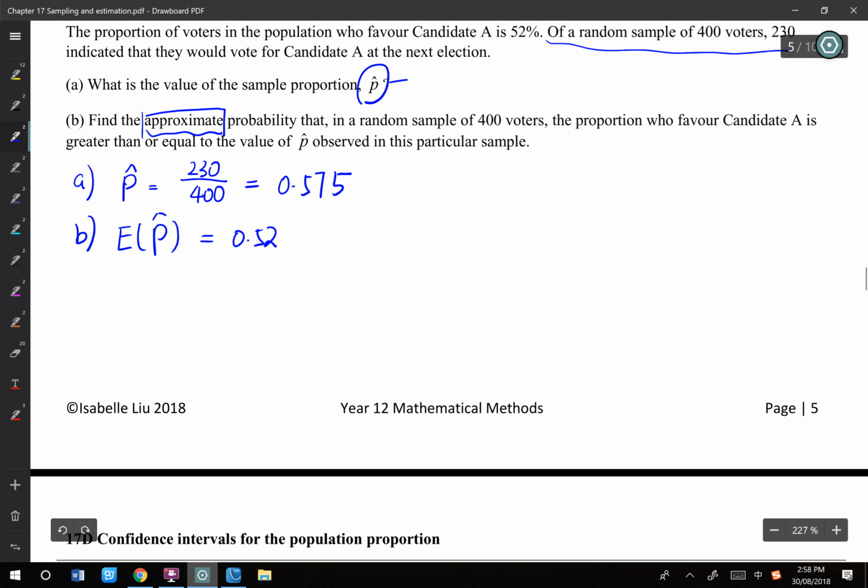So what I was thinking about is the expected p hat equals 0.52, which equals p, and then the standard deviation of p hat equals the square root of 0.52 times 0.48 over 400.